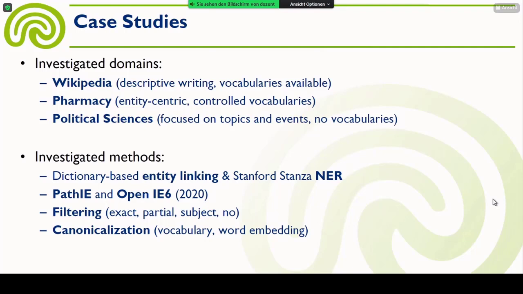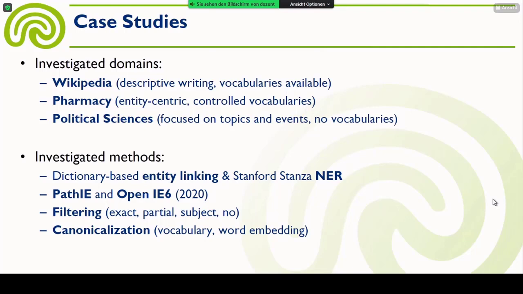We selected Wikipedia text because it's descriptive writing and you have good vocabularies, right? Vocabularies about awards, like Nobel Prizes, about persons, and so on. Then the pharmaceutical domain, because we are the specialized information service for pharmacy. And in joint cooperation with the colleagues behind there, the specialized information service for political sciences, we looked at that domain.